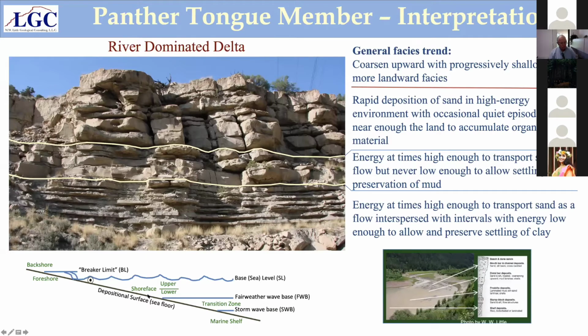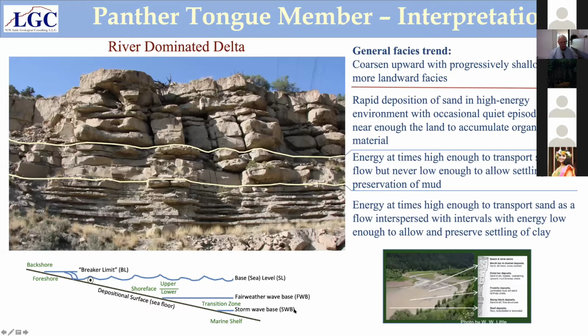So down here at the bottom, the waves are probably very weak. They're weak enough to prevent the mud from settling, but probably not transport sand along the beach. A little bit higher in the succession, the waves are going to be strong enough that they actually move sand through longshore transport.